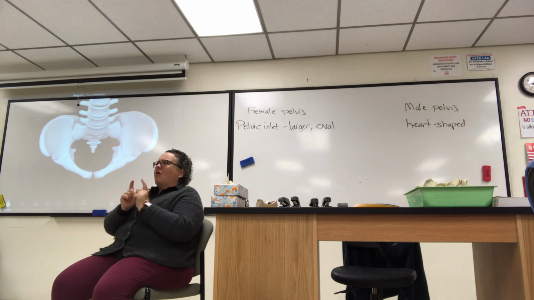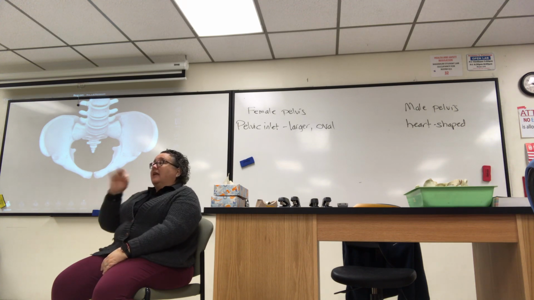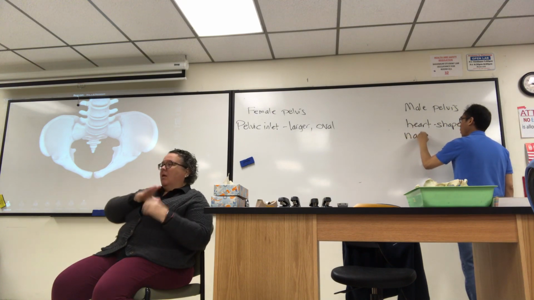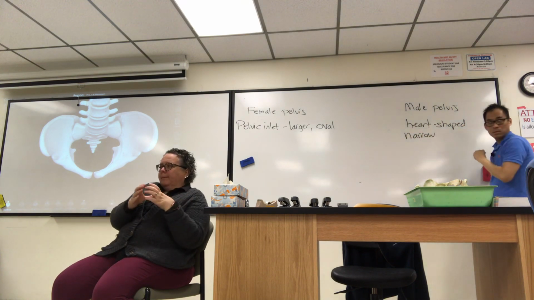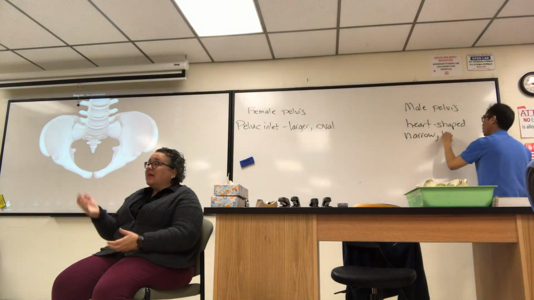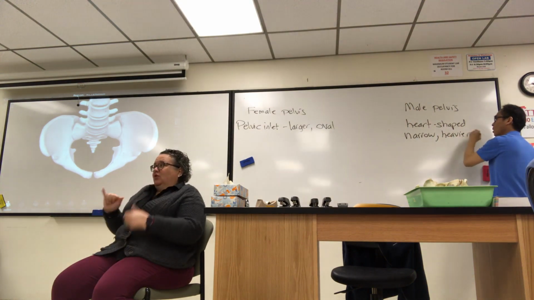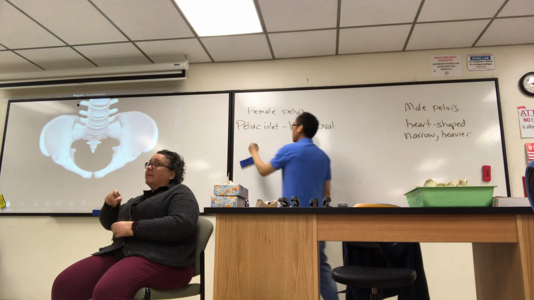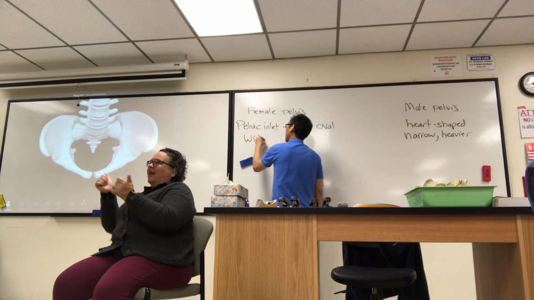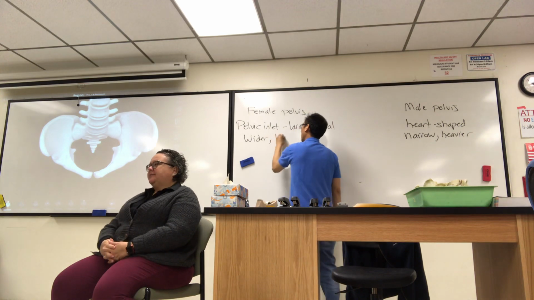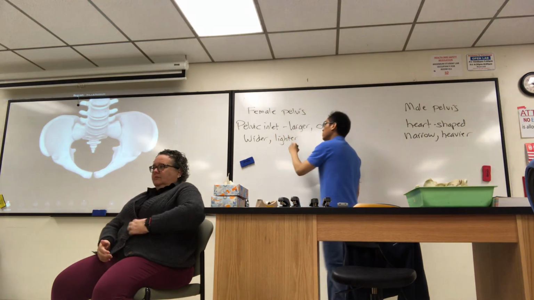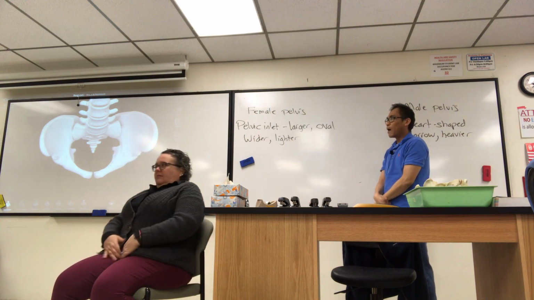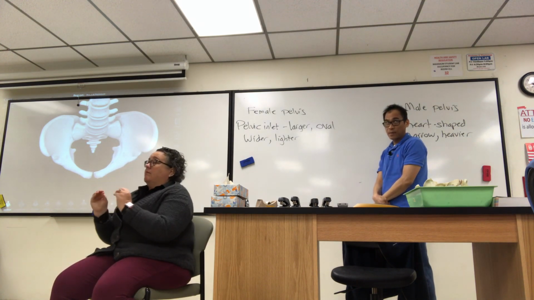In general, if you hold a male and female pelvis, the male pelvis is more narrow and heavier, whereas the female pelvis is wider and lighter. Being wider would allow the passage of baby's head a little better.